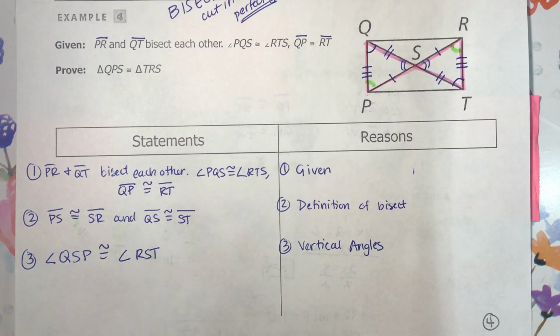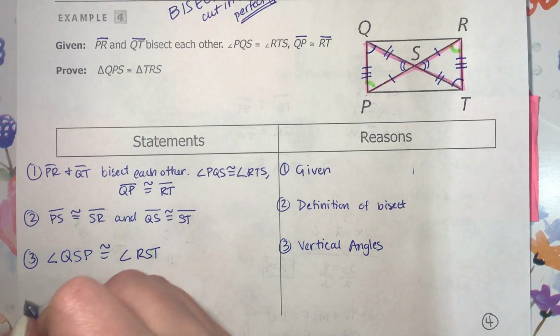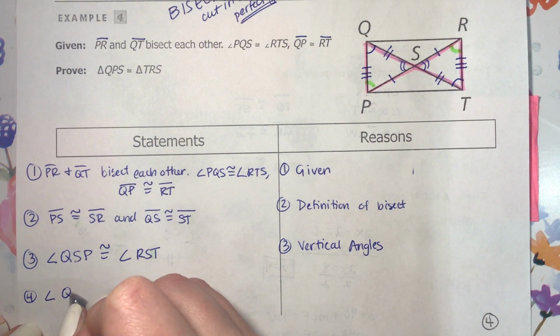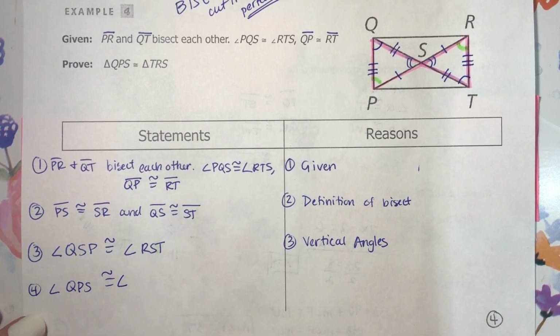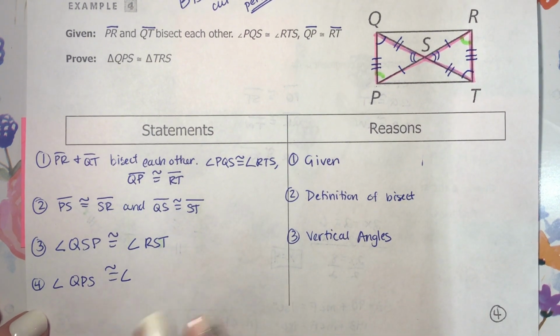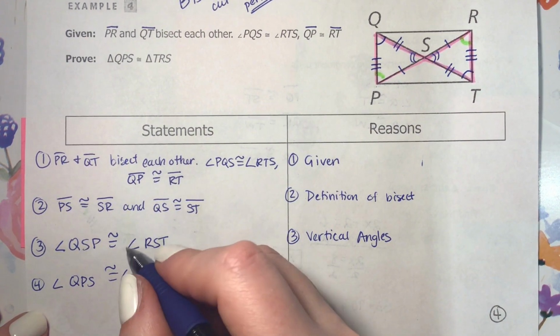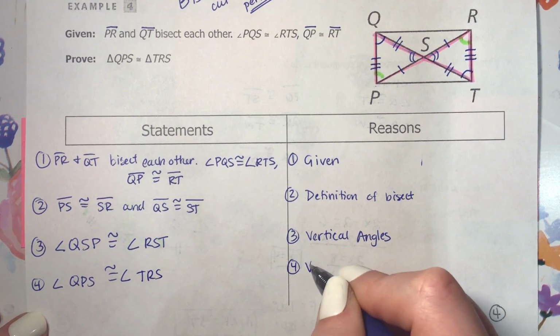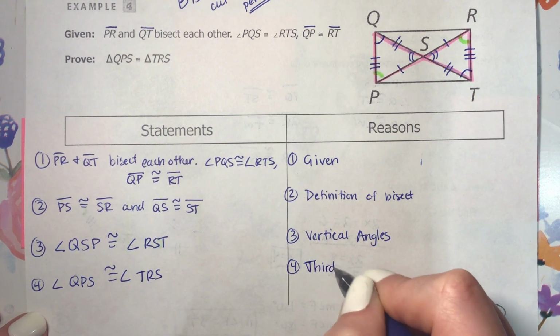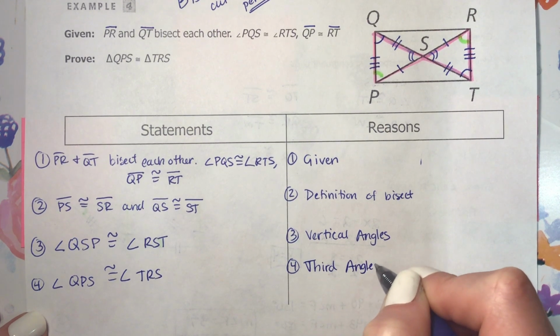So I'm going to say that angle QPS is congruent to angle TRS. Why? Because of the 3rd angles theorem.